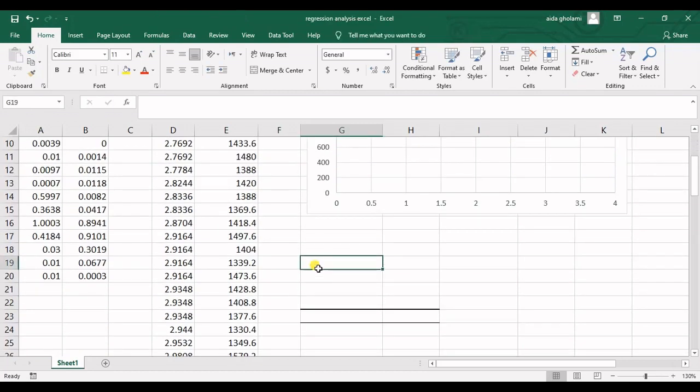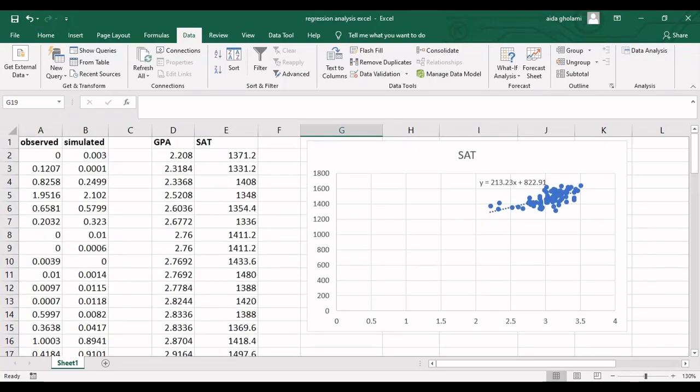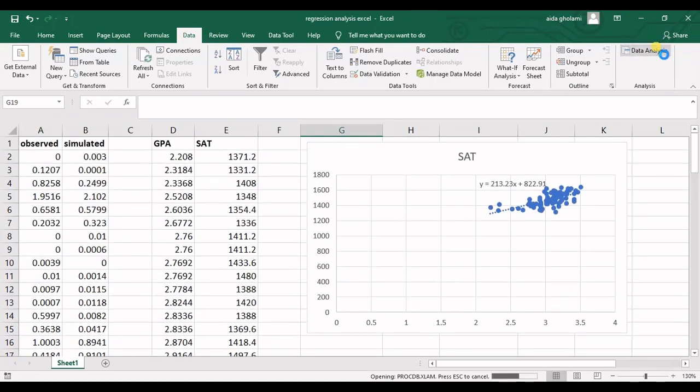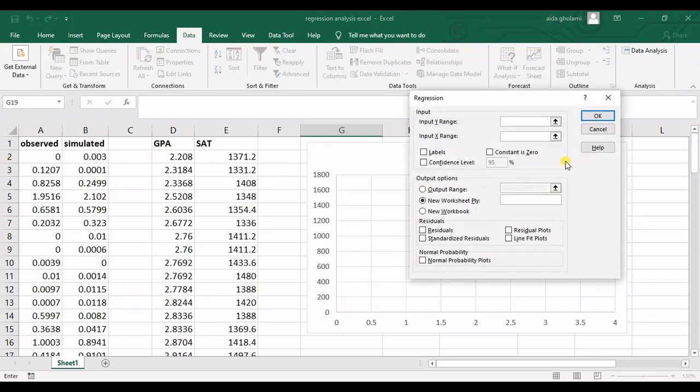The other way, which is more informative, is to go to data and data analysis. I go for data analysis, and then I go for regression. I click OK, and then for Y range, my Y range is SAT.